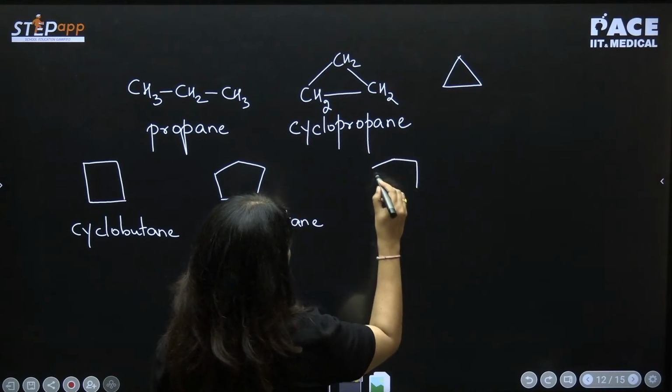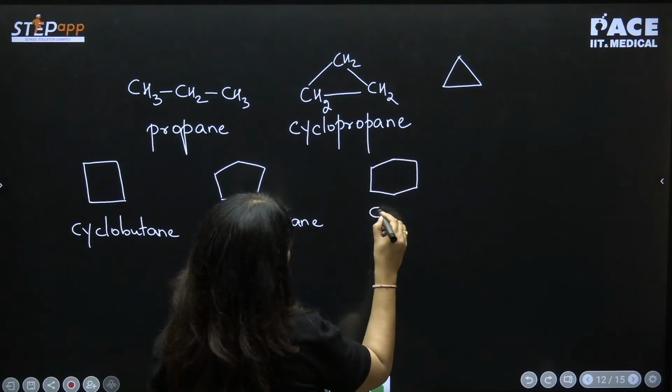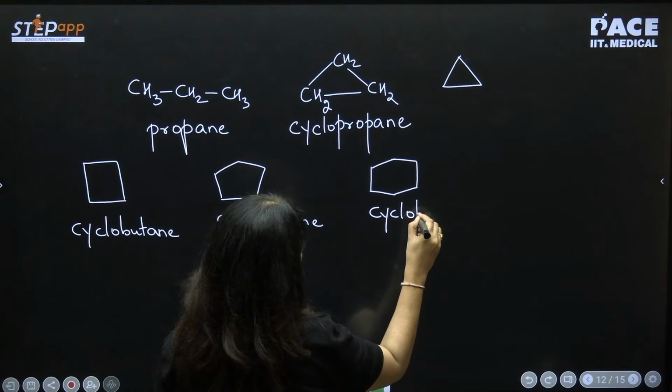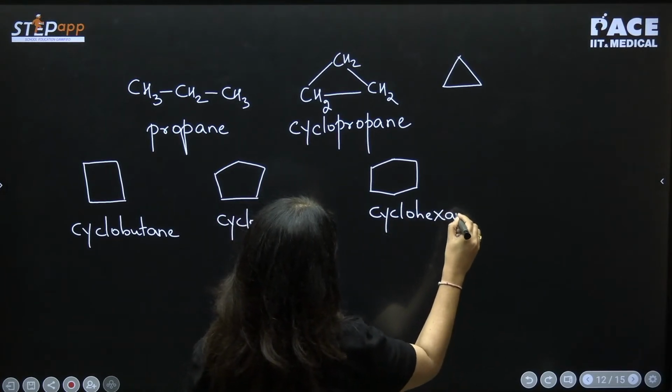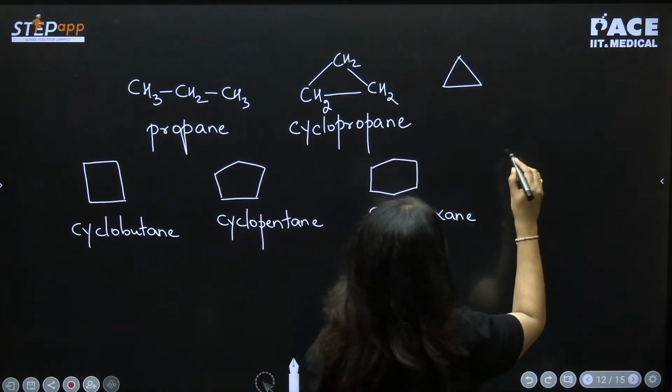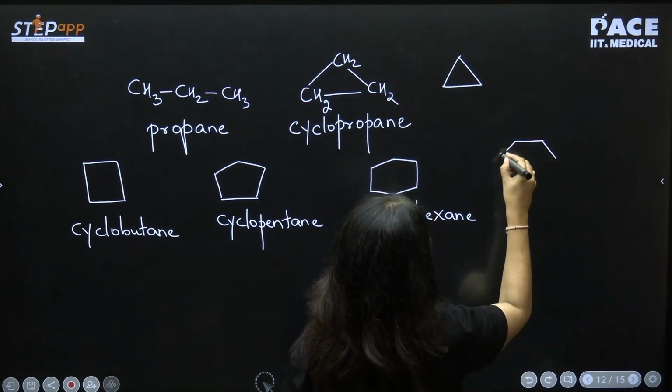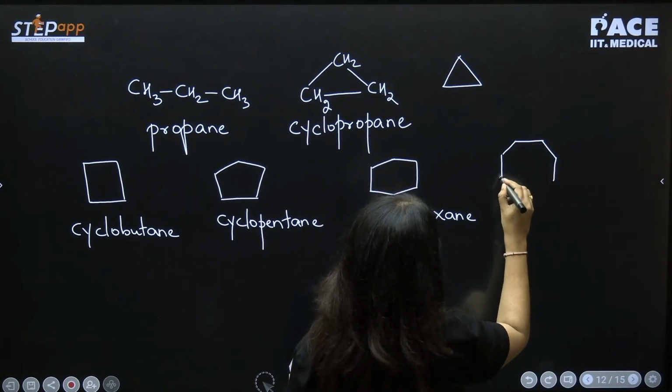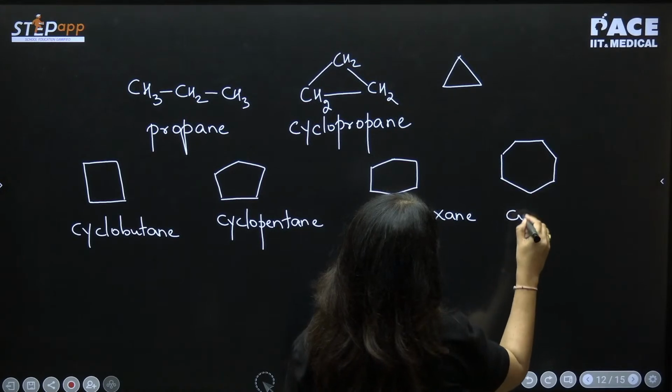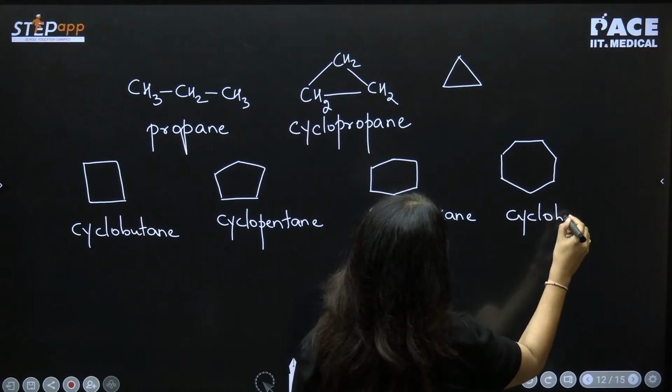A hexagon would represent cyclohexane. A heptagon would represent cycloheptane.